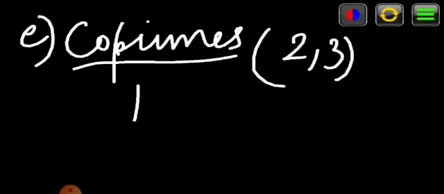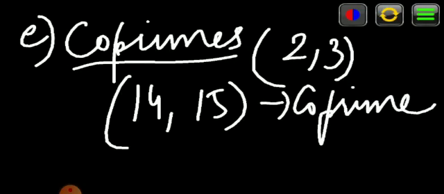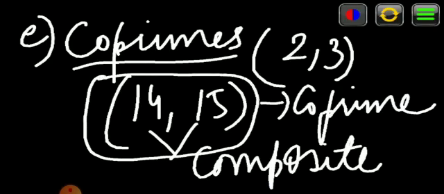If I take 14 and 15, 14 and 15 are co-prime numbers, but here you can see both are composite numbers, which means none of them is a prime number. So the statement becomes false. In that pair both of them can be composite numbers, and here we have seen one example of 14 and 15. So the statement is false here.